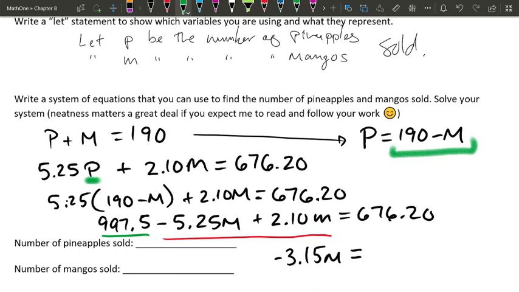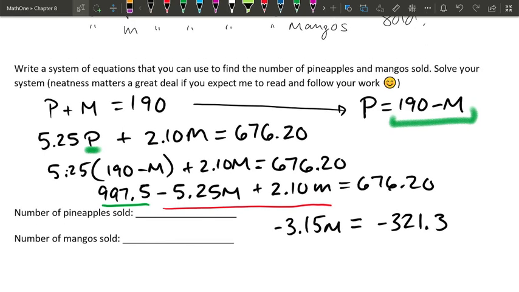So I'll take 676.2 and subtract 997.5 from that, and I get negative 321.30.